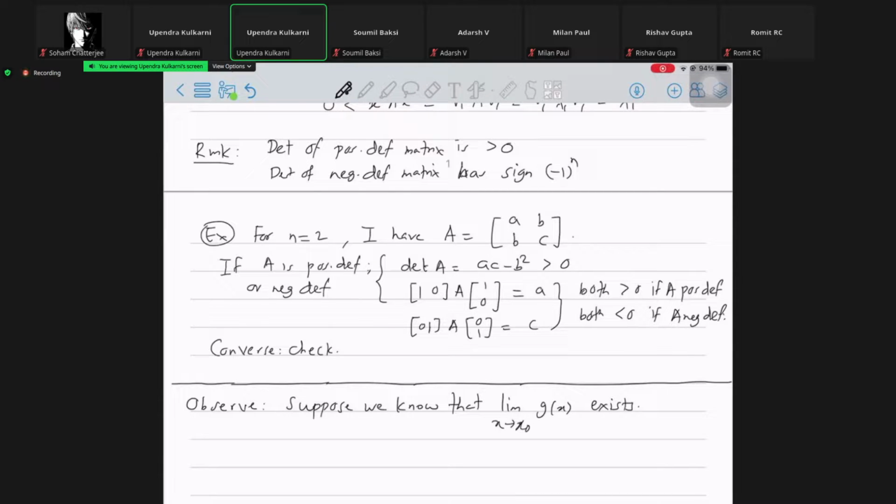So let me just say this in words. A very simple thing: arbitrarily close points having value of g greater than 0. I'll just write it precisely.